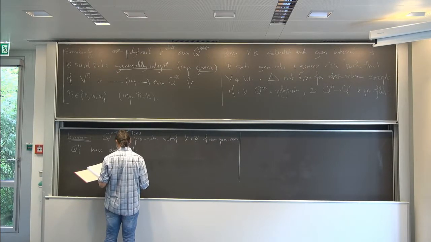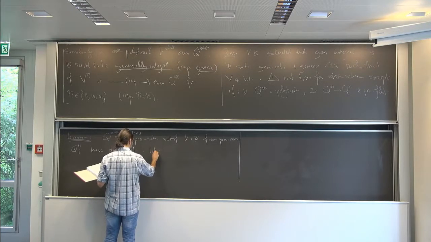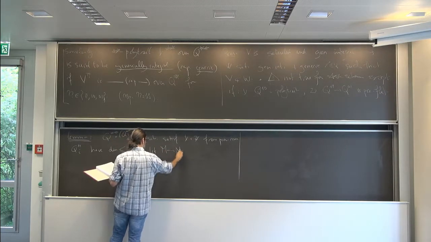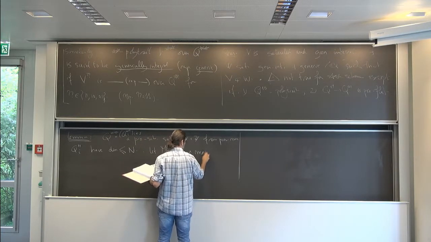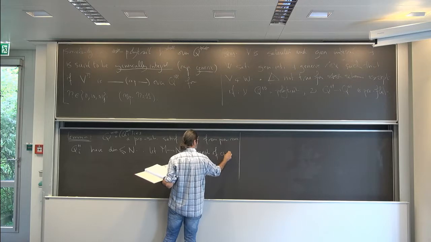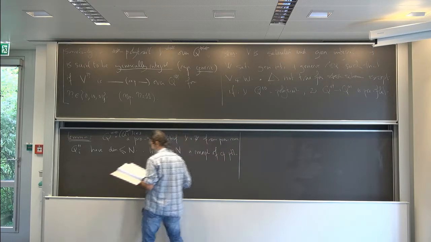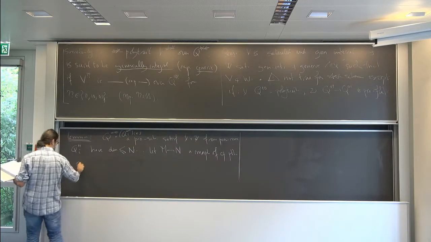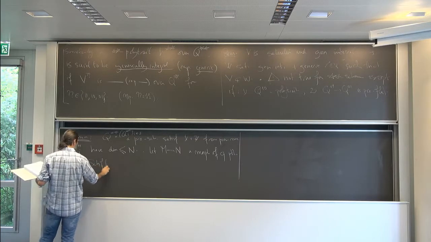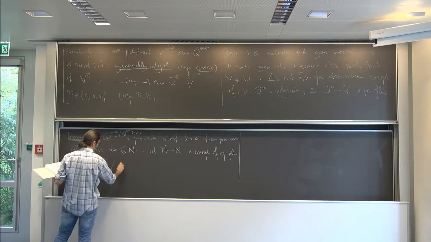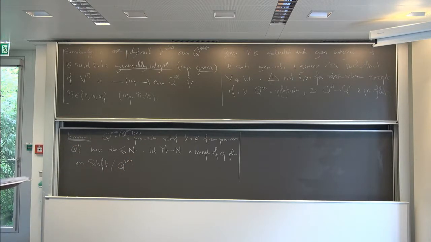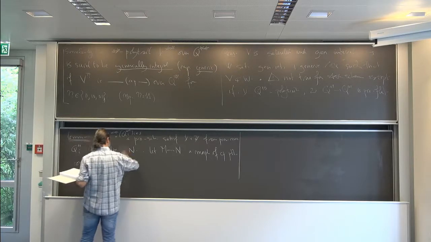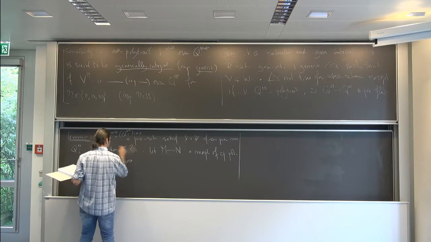Okay, so I assume also that, what do I assume? Okay, so let m to n be a morphism of complexes, bounded by something which is fixed.